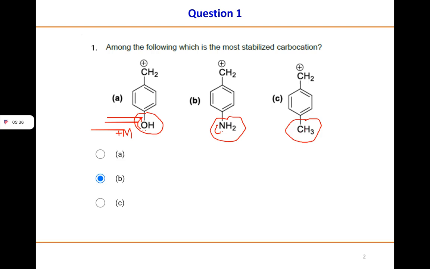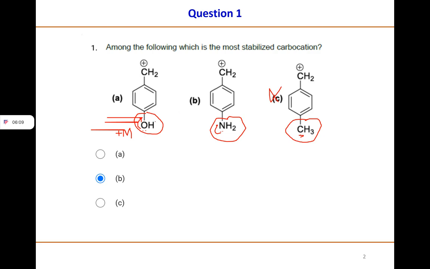The methyl group is also electron donating, but compared to the amino group and the hydroxy group, it is a less electron donating group. It will not behave as much like hydroxy and amino. So from this we are sure that this is not the answer, because among them this is the least electron rich group.